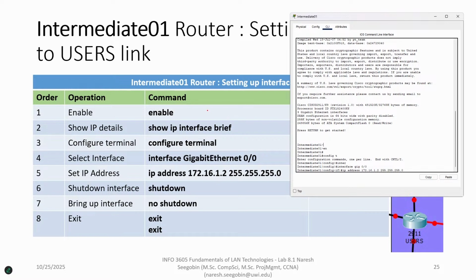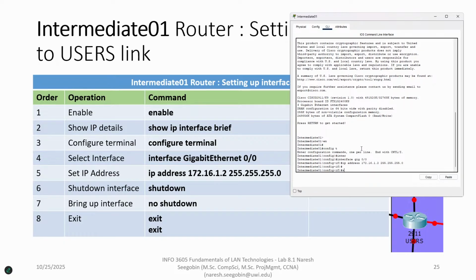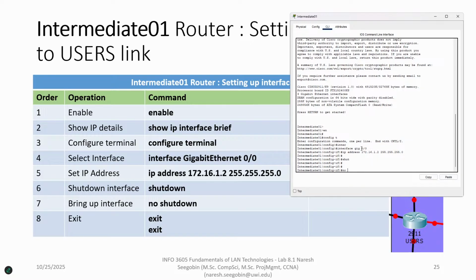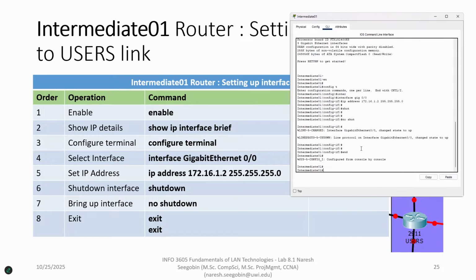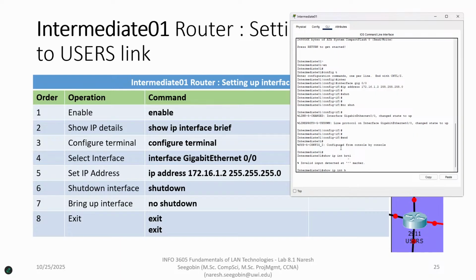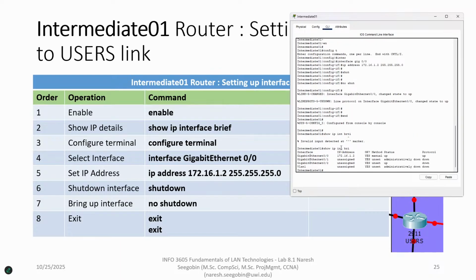I think the users router wasn't named, but you gotta be careful, right? Shut. The cool thing about doing the shut, no shut one time is that you can actually see what's happening here. You see two things, line and then protocol. It means that you're going to have some routing table stuff in there, right?